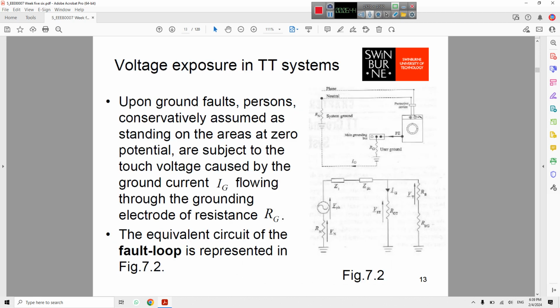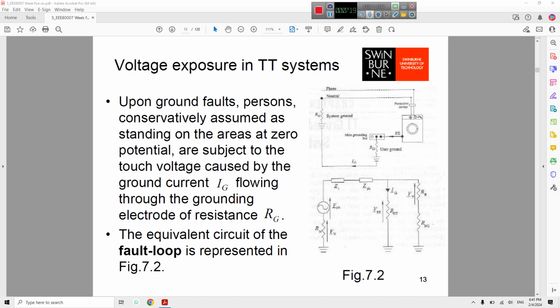As you can see here on the right hand side, the TT system, which here again has a washing machine and the PE cable, this is the phase. Upon a grounding fault, persons conservatively assumed as standing on the area at zero potential are subject to the touch voltage caused by the ground current IG.